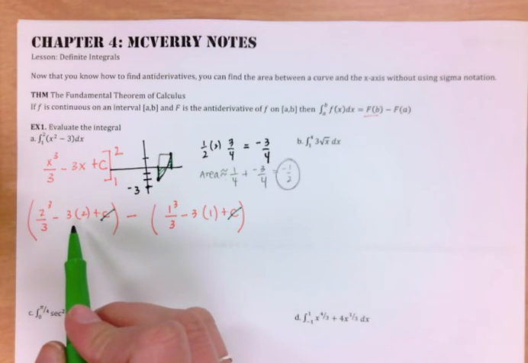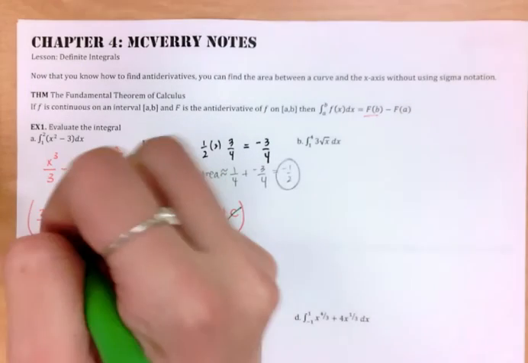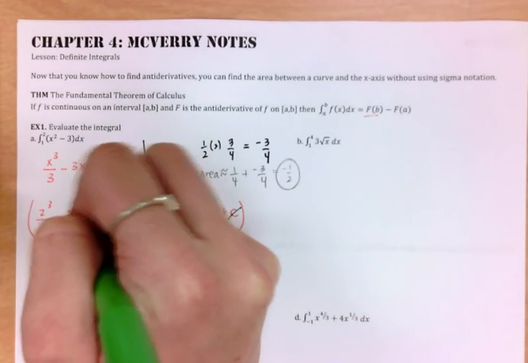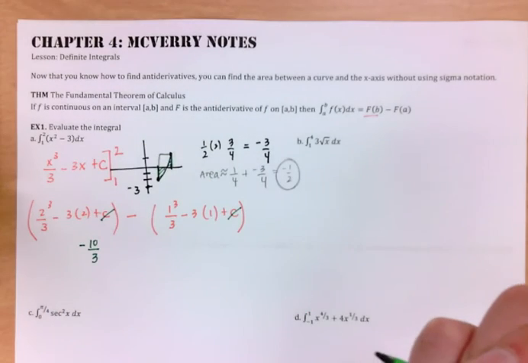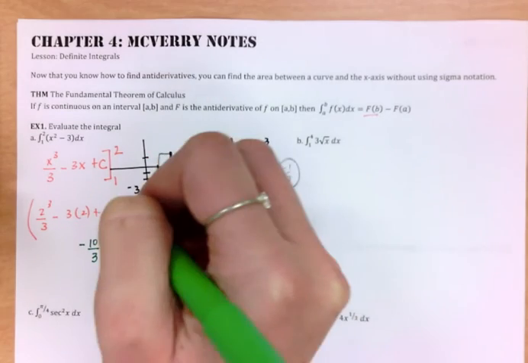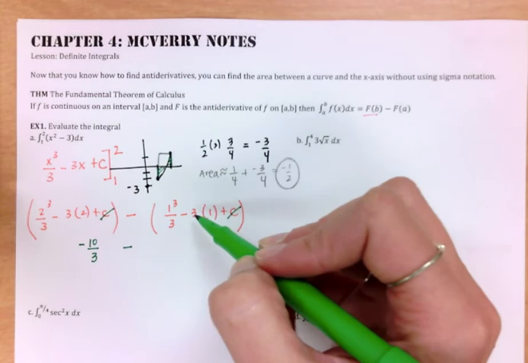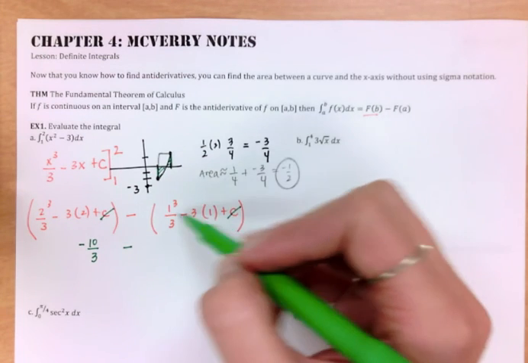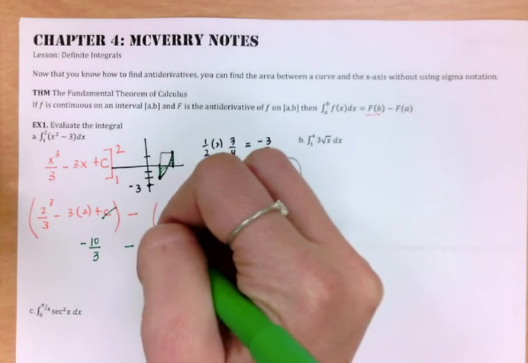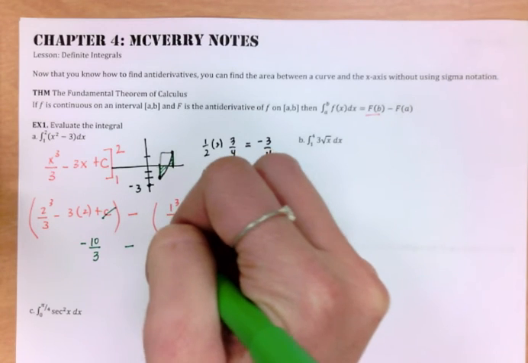If we get a common denominator there, we'll have negative 10/3. And then minus, just that minus sign coming straight down. This would be 1/3 minus 3. If we get a common denominator and subtract that, you get negative 8/3.